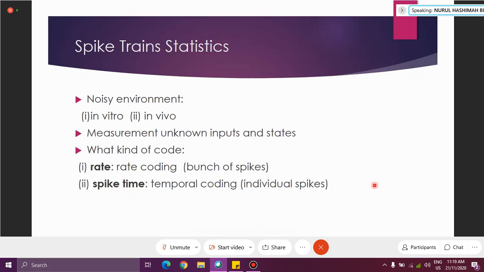Okay, spike train statistics are needed in a noisy environment, regardless of in vitro or in vivo. In vitro is when the electrode is inside the brain. In vivo is when it's outside. It's non-invasive, where we record the whole brain function, not just a neuron.